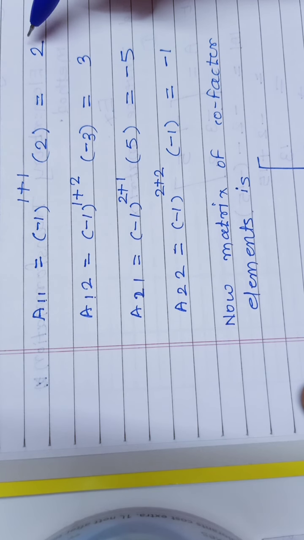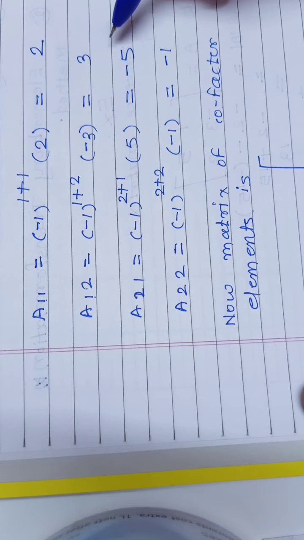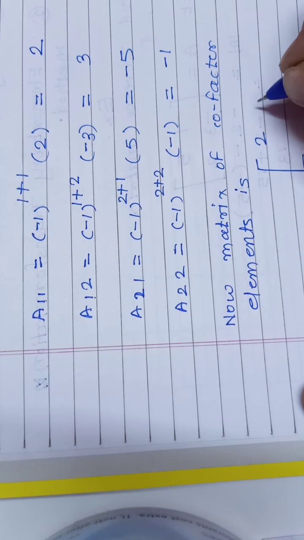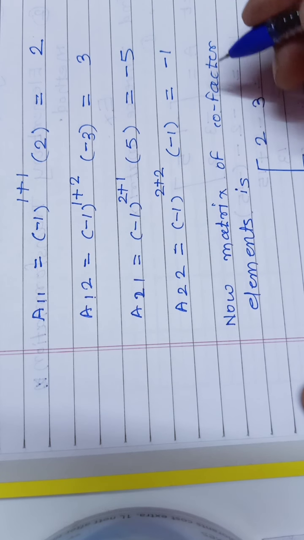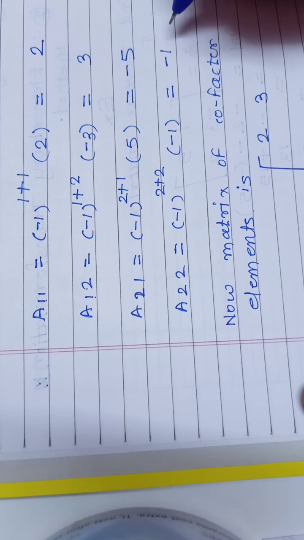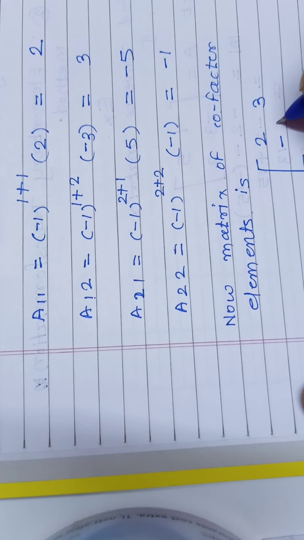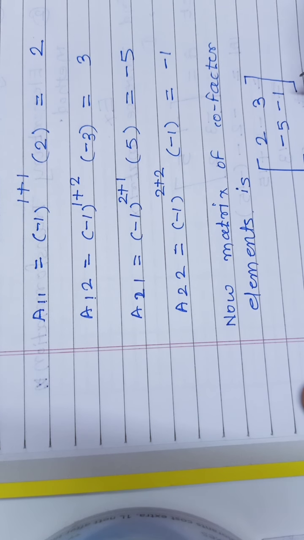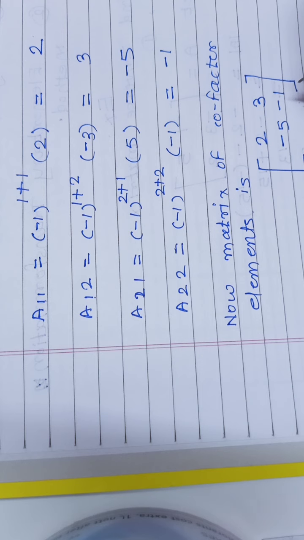Again, I am repeating, arranging these cofactors row wise, that is 2, 3, minus 5, minus 1, again row wise. This is what we got, a matrix which is called a matrix of cofactor elements.